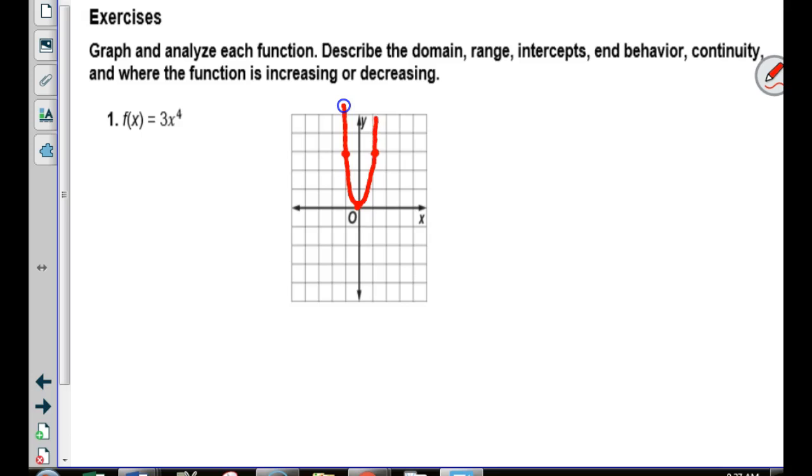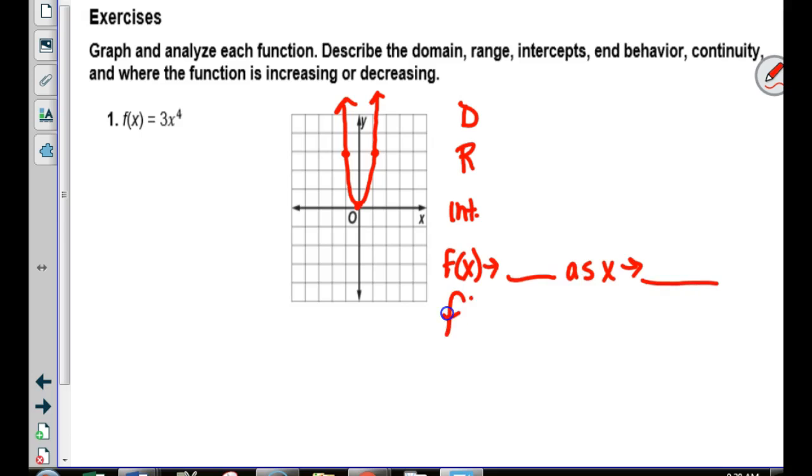The only difference you might be able to tell if you graphed a parabola and this is it's a little bit flatter at the bottom. Probably on the calculator you wouldn't be able to tell much. All right. Domain, range, intercepts, end behavior. I'm going to practice it this way because that's the way it's on the quiz this week. Next week, just kidding.